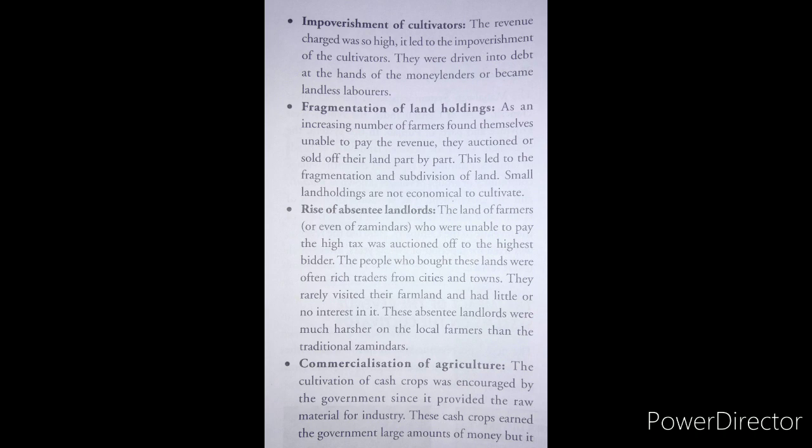For example, if you talk about sugarcane, indigo, cotton, these are the cash crops. So though farmers were suffering, they also wanted to produce cash crops so that they can gain wealth, gain property, gain money for their livelihood.